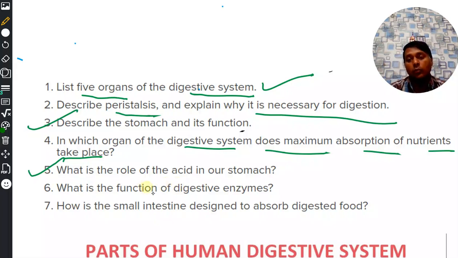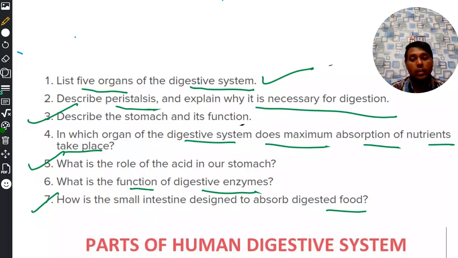Next, we can find the functions of digestive enzymes, which help in the digestive system, and how the small intestine is designed to absorb digested food. And we can also find why the small intestine is called small, but actually it is longer than the large intestine. Okay, so let me start.